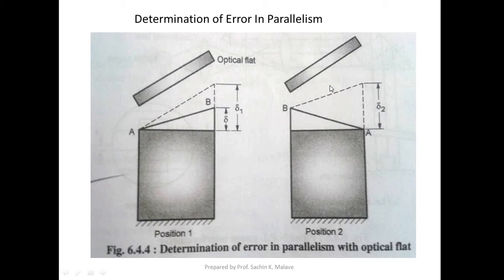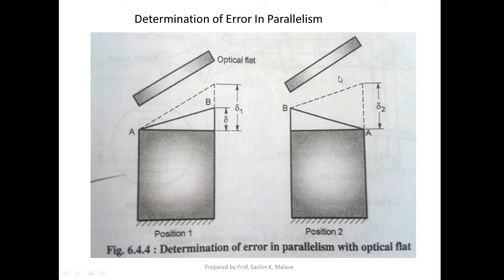Now as you can see, this face is not parallel to the optical flat at all, so this height is increased. The height of the air wedge between the optical flat and this surface is more as compared to the previous situation.